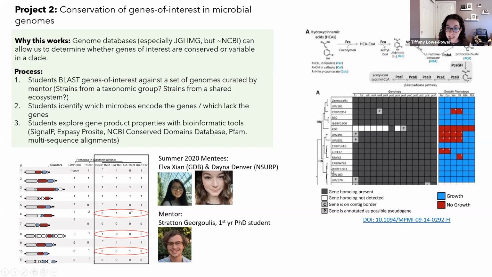In this kind of figure, you see a lot of different bacterial strains, and there's a phylogenetic tree on the left. The table to the right indicates whether certain genes are found in the genome of each of those bacteria. This is a trait that allowed bacteria to consume certain carbon sources.